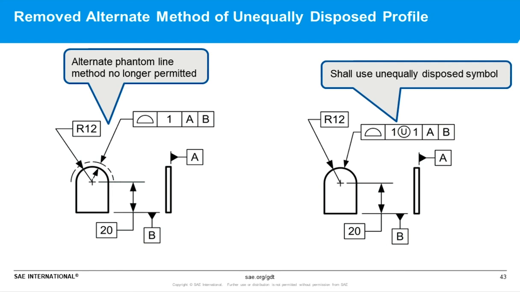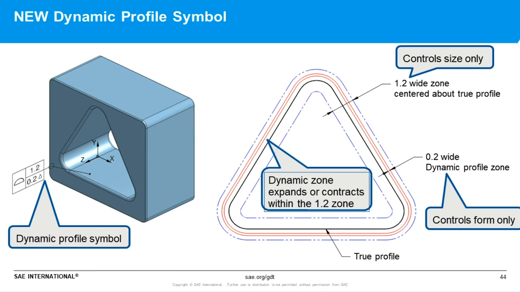In 2009, they introduced the unequally disposed symbol. Now in 2018, the old method of the phantom line is no longer used, so you can only use the unequally disposed symbol to indicate the location of that profile tolerance zone relative to the true profile. And of course, that applies better to 3D model applications, again, model-based definition.